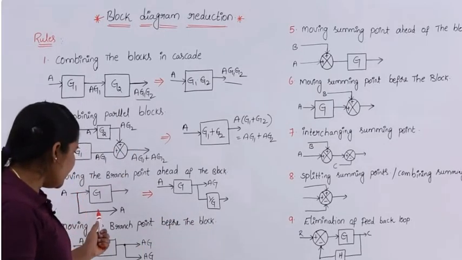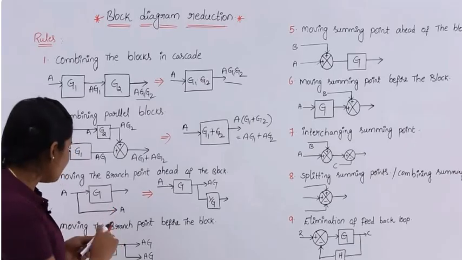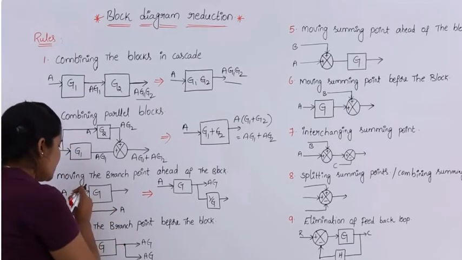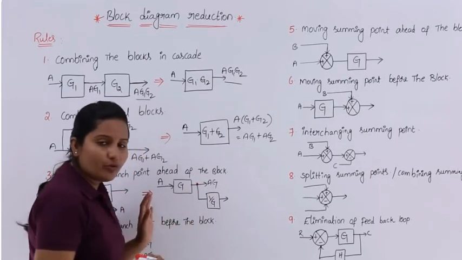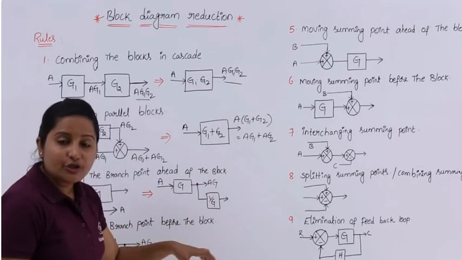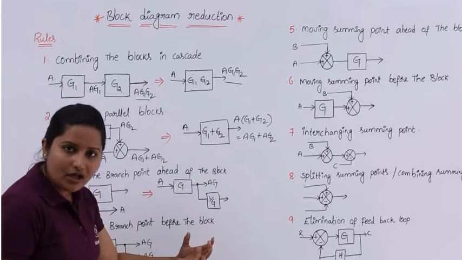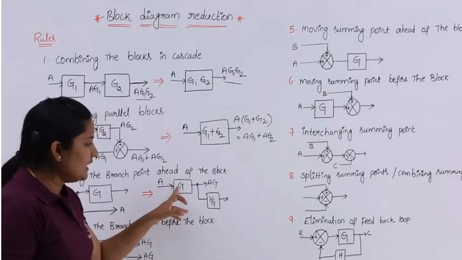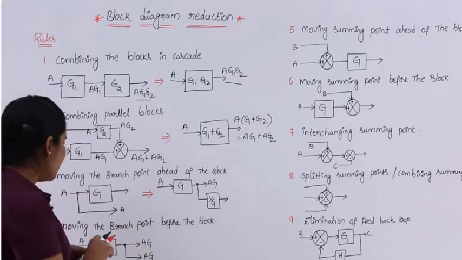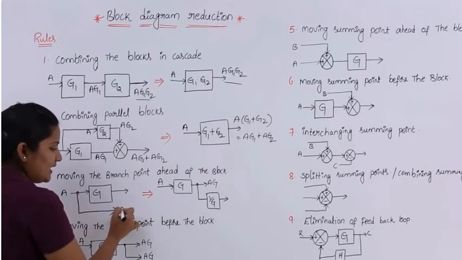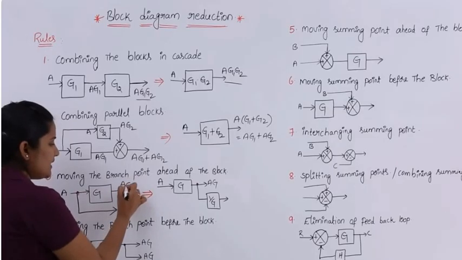Whatever the path we are moving, this branching point we are moving. This is the branching point. This point we are moving to here. If you are moving that branching point, you need to add an extra block with gain reverse to the actual gain. So here you can see, this is A. At this branching point you need to get A. So this is the actual path AG.